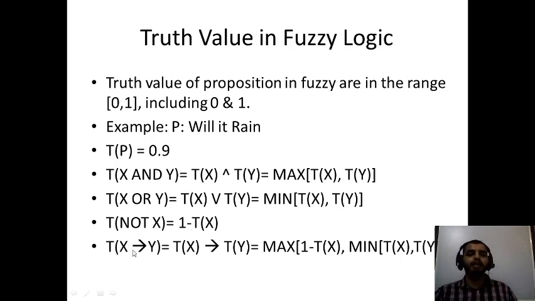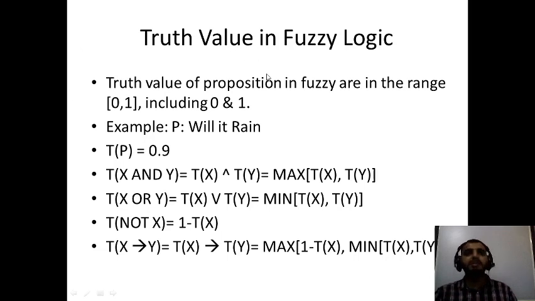Now, for implication, t of x implies y, t of x implication y is t of x implication t of y. How is it represented? It is represented as the maximum of 1 minus t of x comma the minimum of t of x comma t of y.